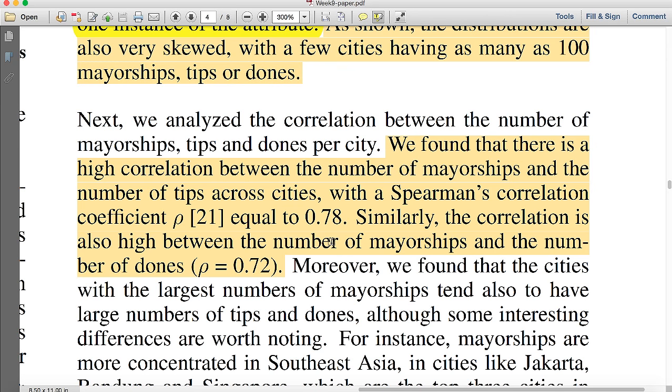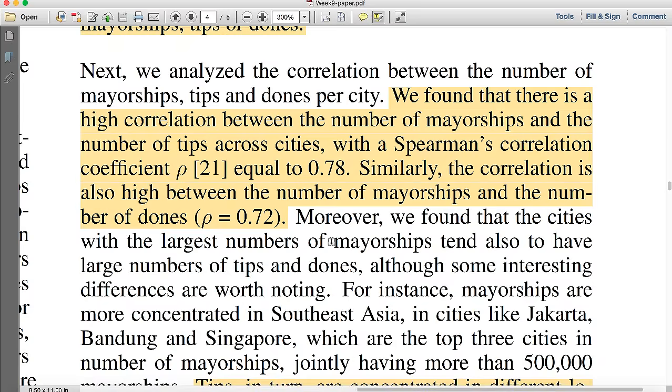If there are more mayorships in a city, there's a high chance that there will be more tips and dons also. This helps us understand that if I find cities which have high mayorships, I should be able to find more tips and dons there also.